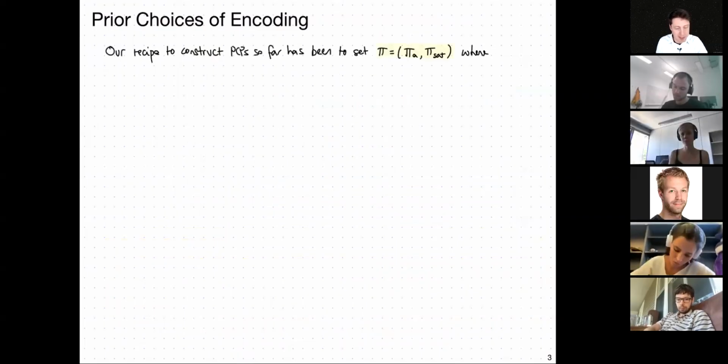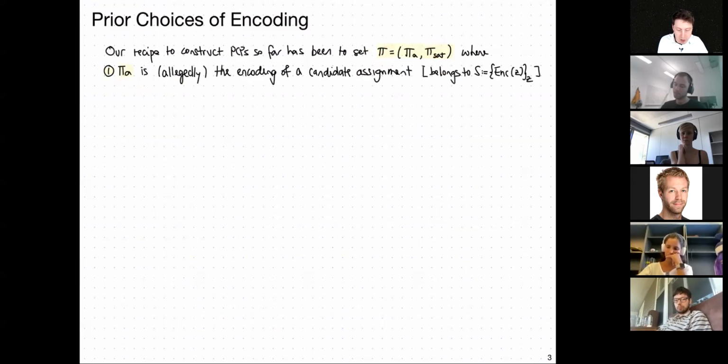If you look back, our recipe to construct a PCP, and you've seen 2 lectures about those, the exponential size PCP and the polynomial size PCP with Tom yesterday and the day before, has been to construct a PCP that has two parts. One part, let's call it pi A, is allegedly the encoding of a candidate assignment, so it belongs to some set of valid encodings.